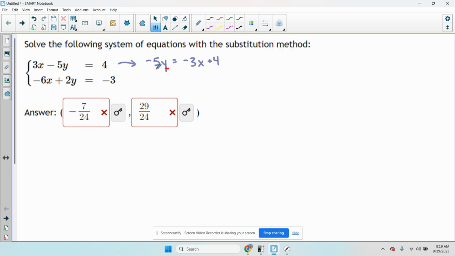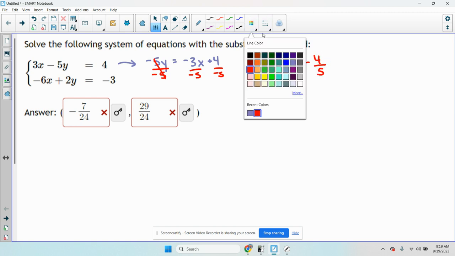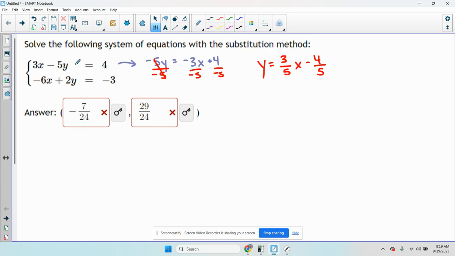I want to get the y by itself, so I'm going to divide everything by negative 5. So y equals 3/5 x minus 4/5.